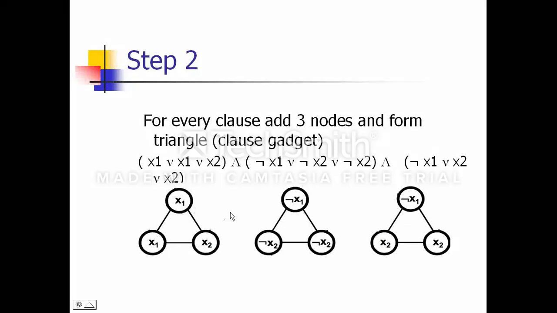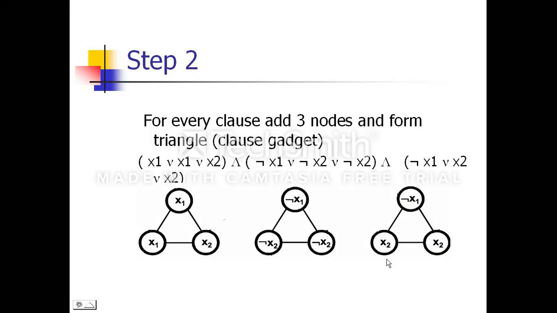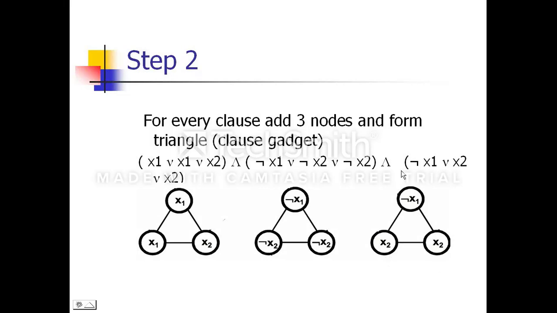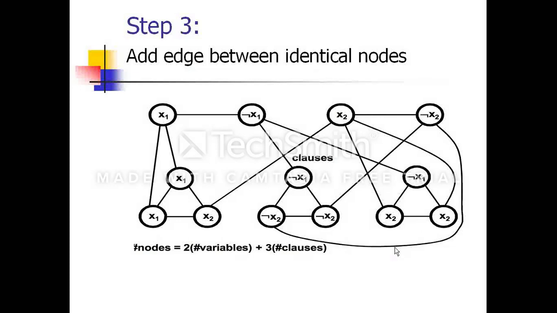This is the triangle for clause 1. Negation of x1, negation of x2, negation of x2. This is the triangle for the second clause. Negation of x1, x2, x2. This is the triangle for the third clause. So for each clause you need to construct a clause gadget. These structures are nothing but the clause gadget.